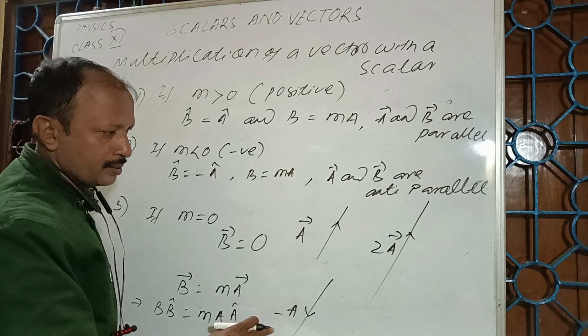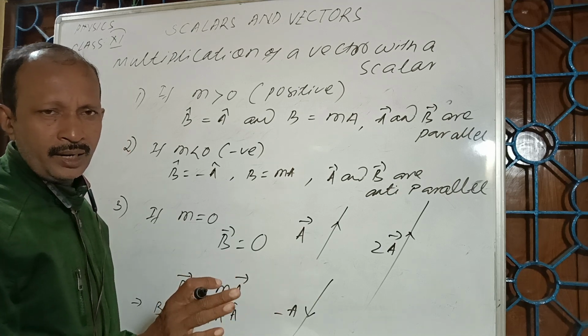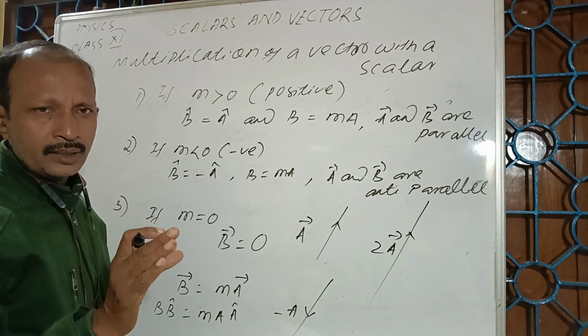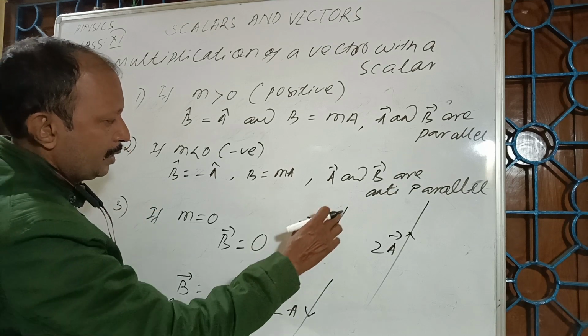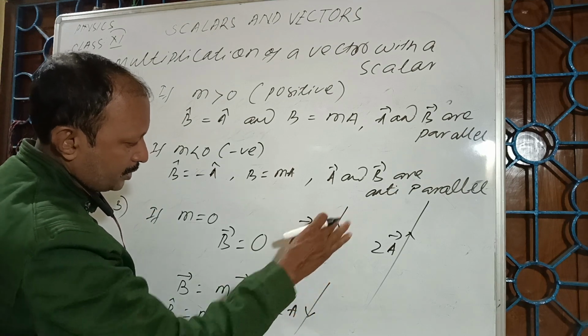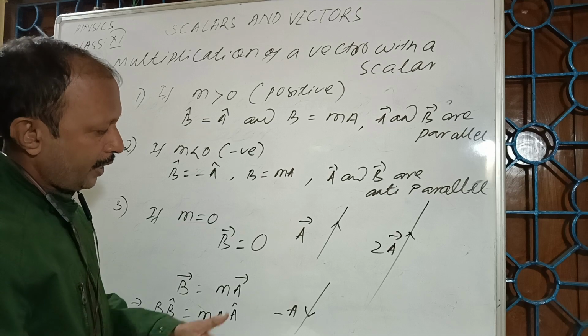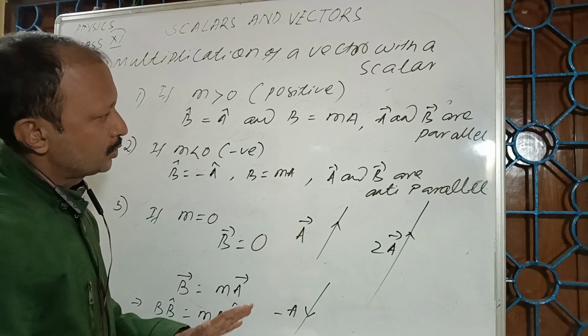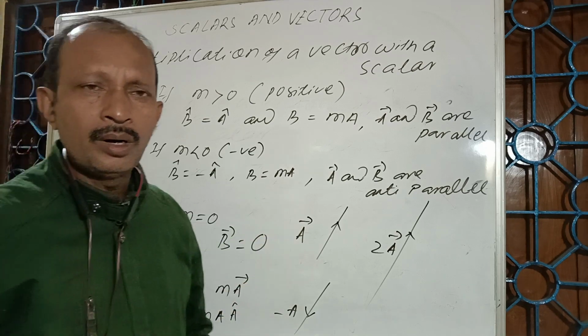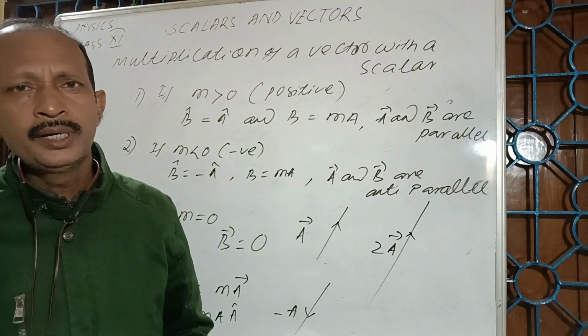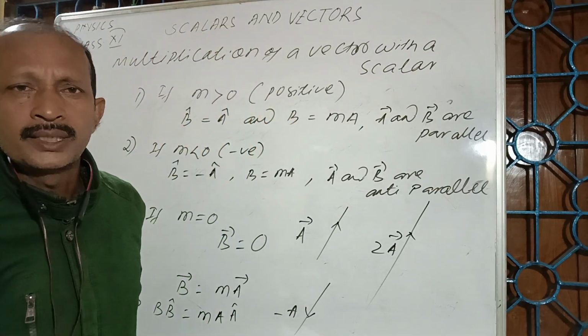But this is minus, that means I have multiplied by a scalar which is a negative number. Both magnitudes are appearing same, but the directions are opposite. So these are the facts about the multiplication of a vector with a scalar.